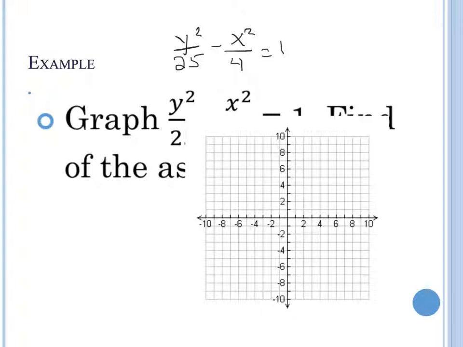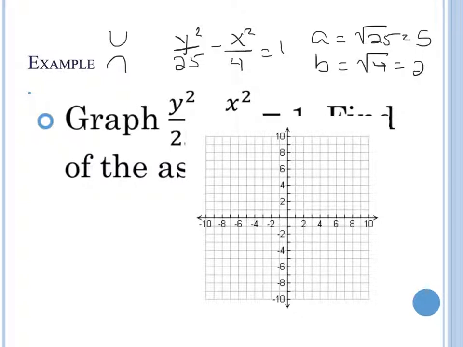So since the y squared is first, this hyperbola is going to open up and down. We would have, quote-unquote, the a value is equal to the square root of 25, which equals 5. And then our b value is the square root of 4, which equals 2.